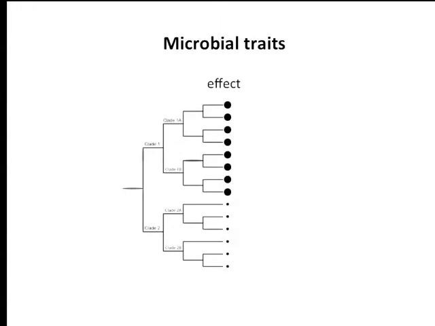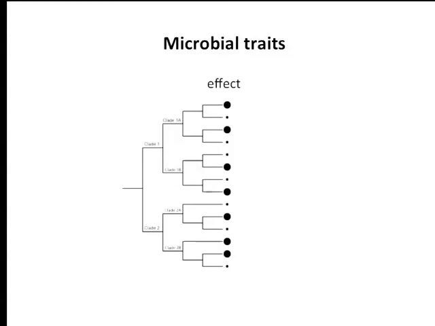And so it might be that you have a lot of predictive power: if I get a sequence of a bacterium and it groups with this deeply branching clade, then I have some idea of what function it's performing in the environment. So it would be great if effect traits were really deeply conserved.